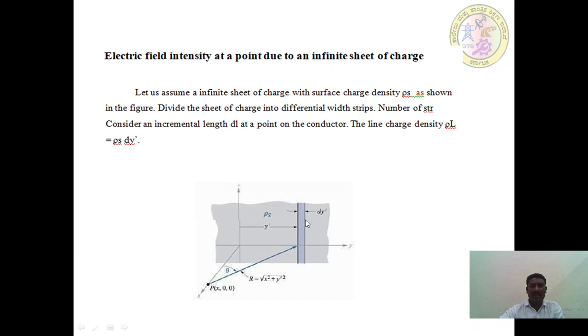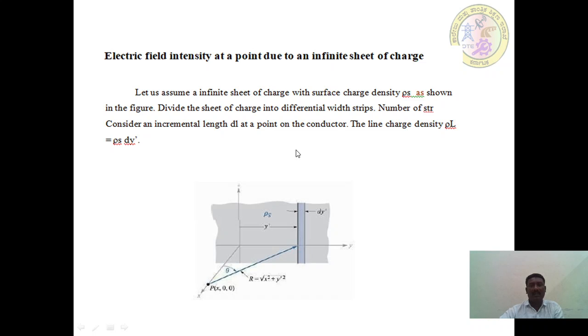The width of the strip is dy dash, and it is placed at a distance y dash from the z-axis. Divide the sheet of charge into differential width strips.